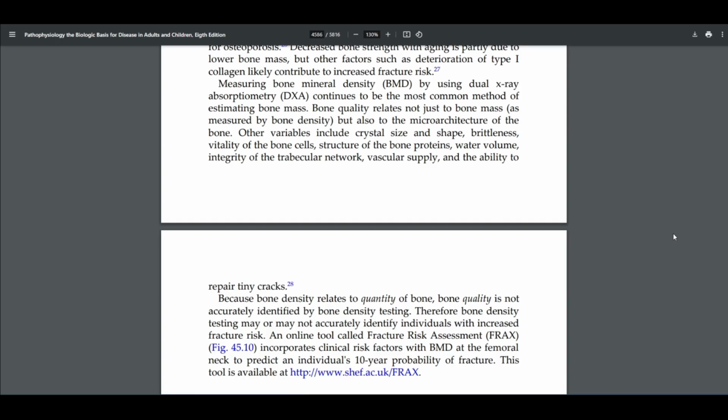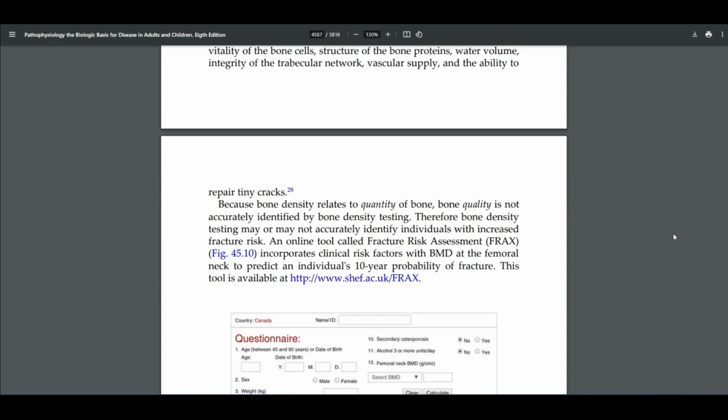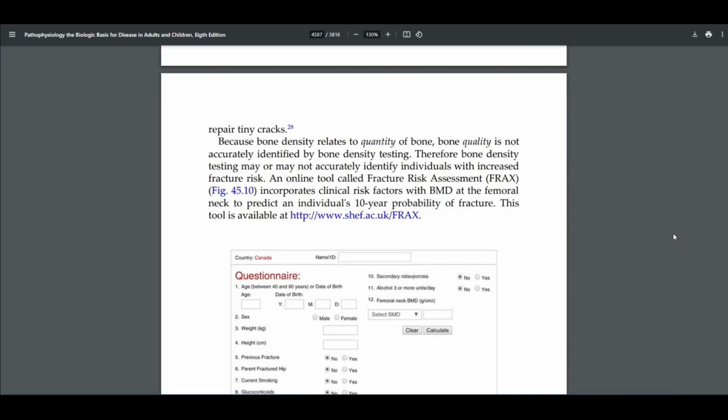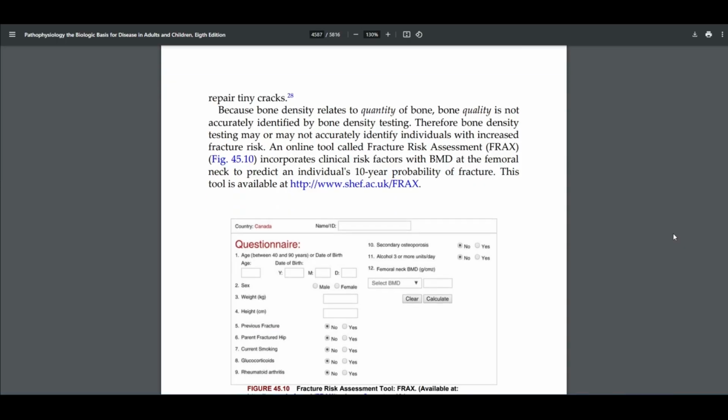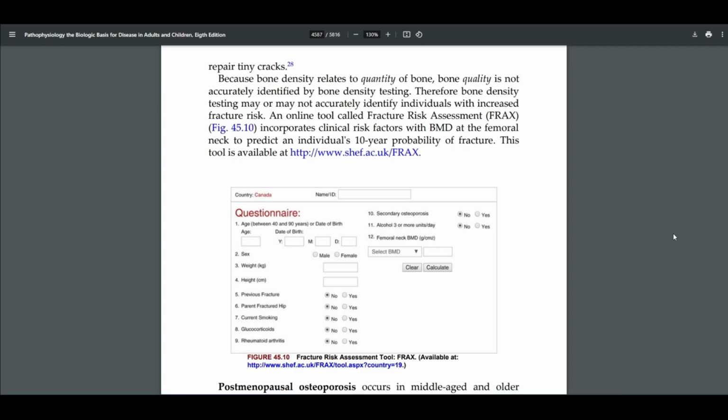Other variables include crystal size and shape, brittleness, vitality of bone cells, structure of bone proteins, water volume, integrity of the trabecular network, vascular supply, and the ability to repair tiny cracks. Because bone density relates to quantity of bone, bone quality is not accurately identified by bone density testing. Therefore, bone density testing may or may not accurately identify individuals with increased fracture risk.